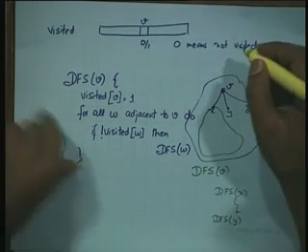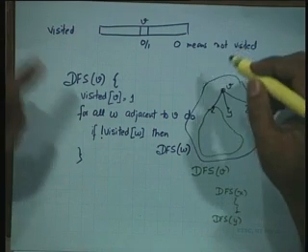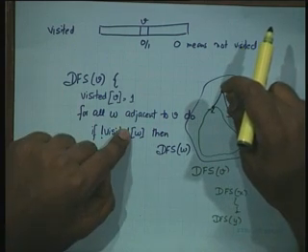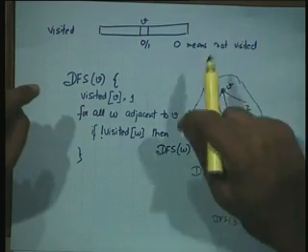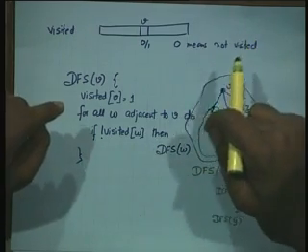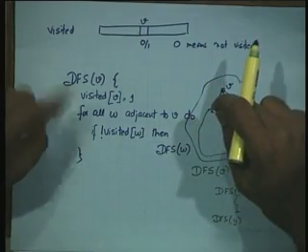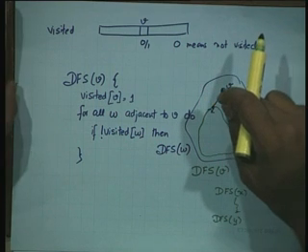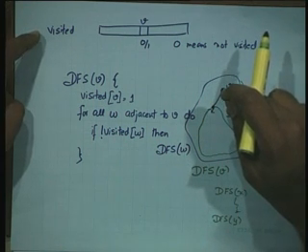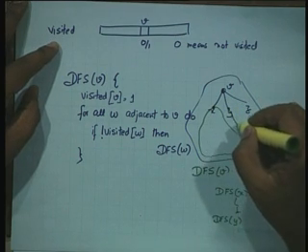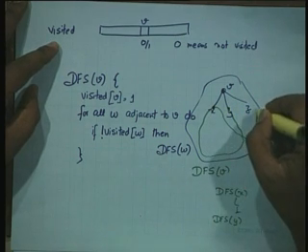Why did we make a call to DFS y? Well, because we are looking at all the adjacent vertices, and I am assuming for now that y was not visited in this DFS. Suppose it was not visited, so it was still at 0. So, I made a call to DFS y now. As a consequence, it visited another bunch of vertices.